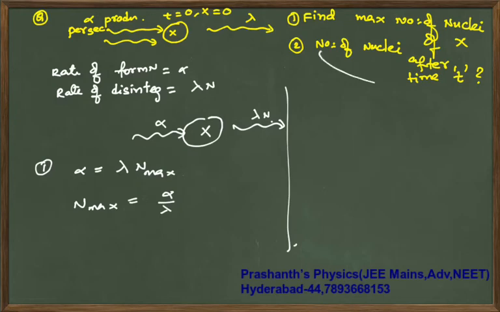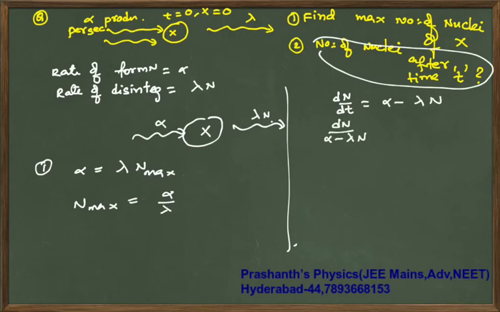Now the number of nuclei after time t, same logic. The net rate dN by dt is alpha minus lambda n. So dN by (alpha minus lambda n) is equal to dt. Integrating, at t equal to 0 the initial number of nuclei is 0, as clearly mentioned in the question, and after time t it is n.